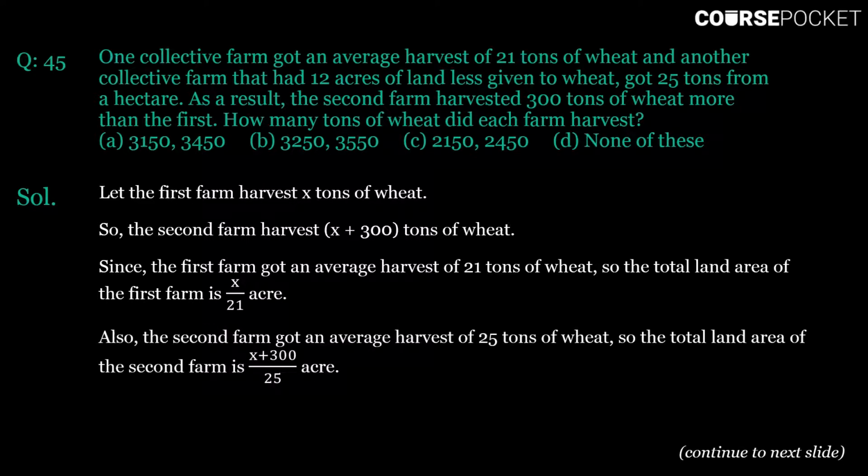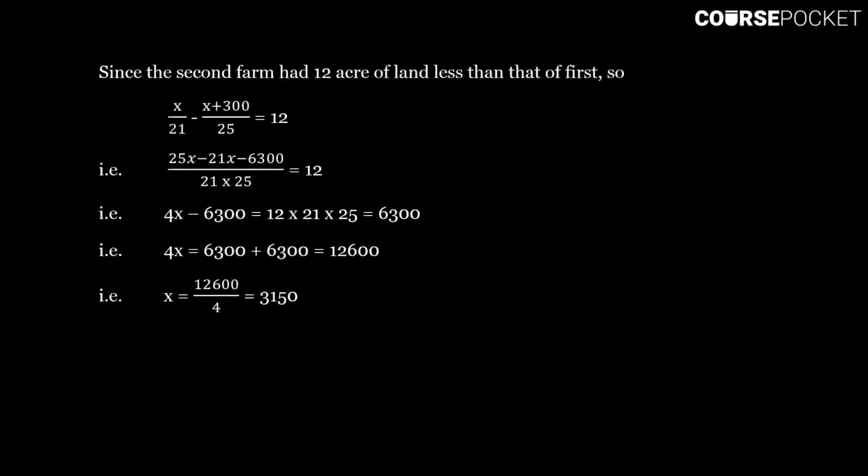Also, the second farm got an average harvest of 25 ton of wheat. So the total land area of the second farm is X plus 300 divided by 25 acre. Now, the second farm had 12 acre of land less than the first. So, X by 21 minus X plus 300 by 25 is equal to 12.